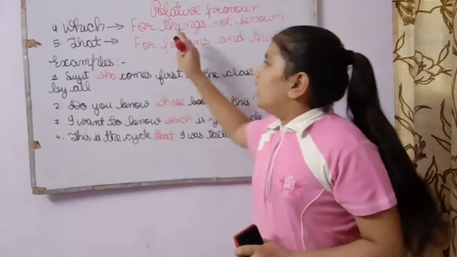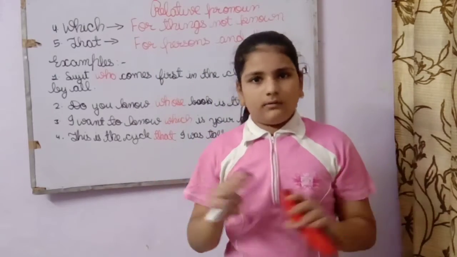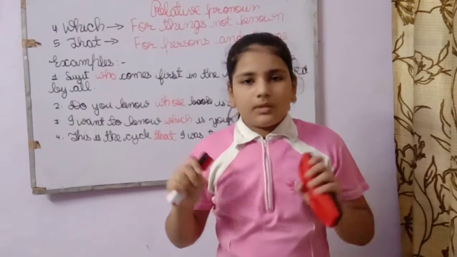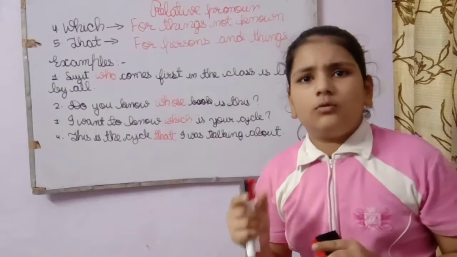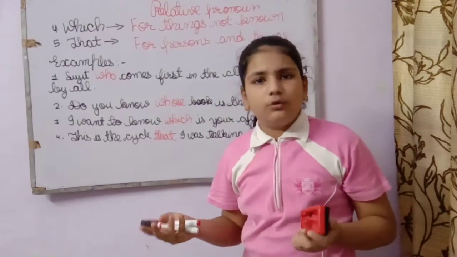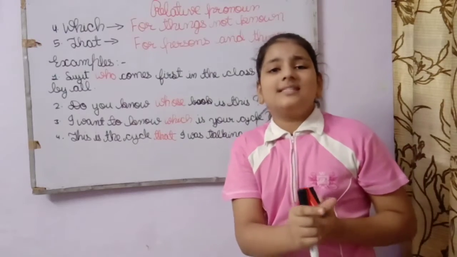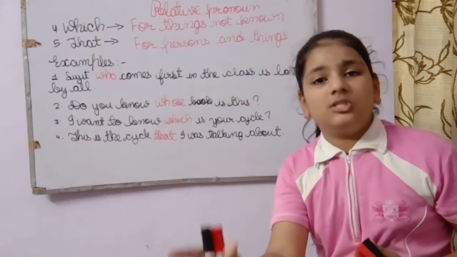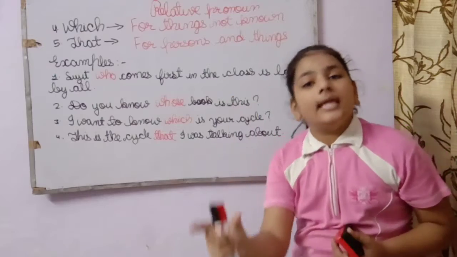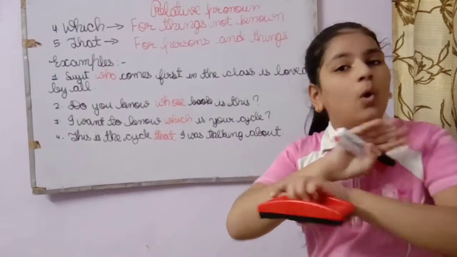Now "which" and "who" are common, the same. But when we are talking about "whose", what I have told you is that in "whose" the situation is persons and things which we don't know.